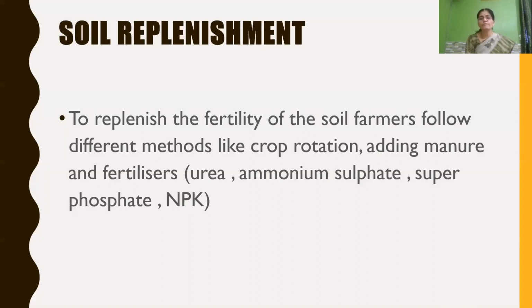These names are very, very important. So children, give some fertilizers: urea, ammonium sulfate, superphosphate, and NPK. NPK is a fertilizer which has specific nutrients like nitrogen, phosphorus, and potassium.